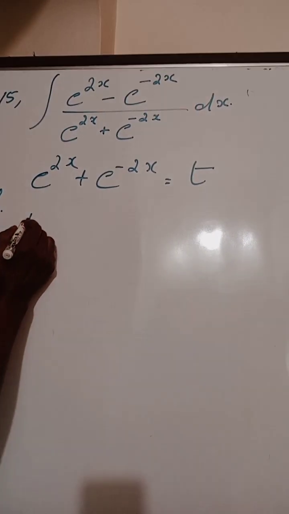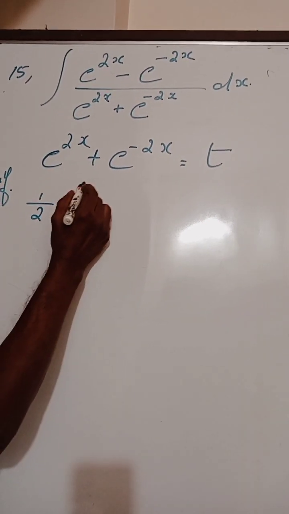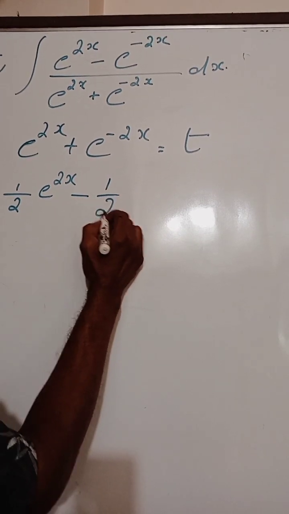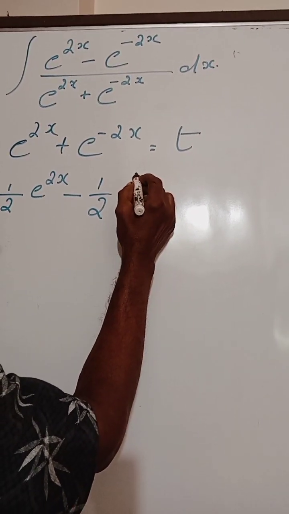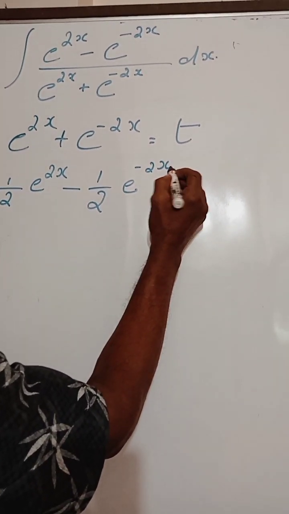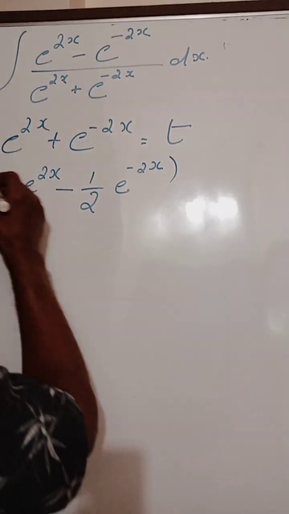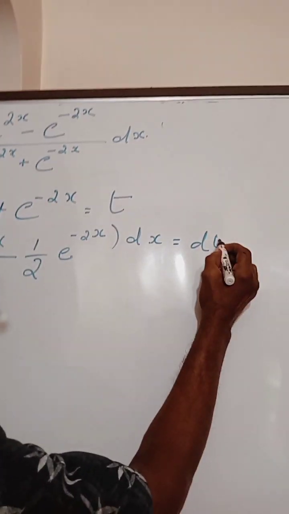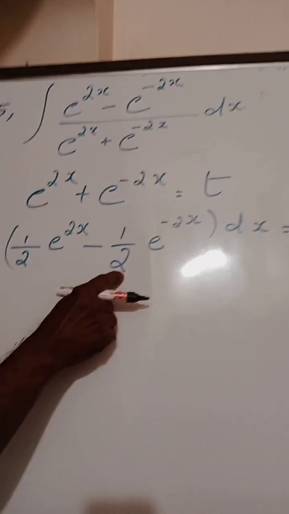Differentiate: 1 by 2 into e raised to 2x minus 1 by 2 into e raised to minus 2x into dx is equal to dt.